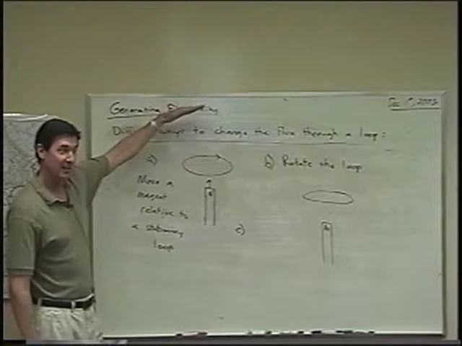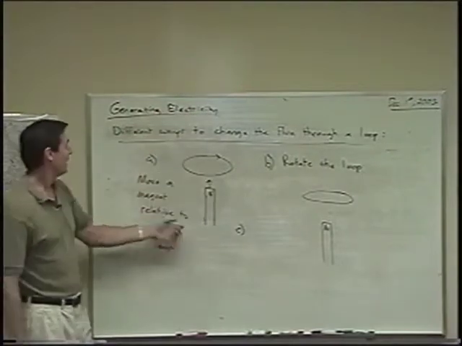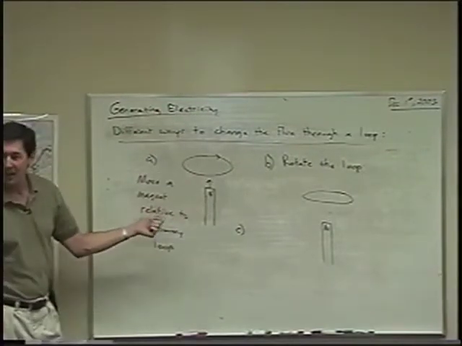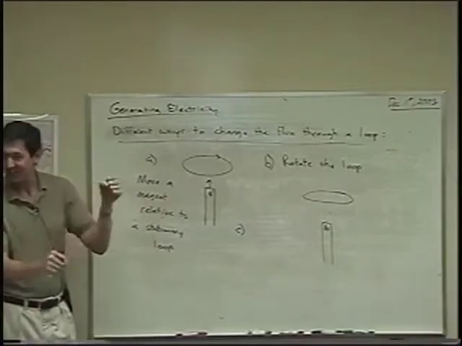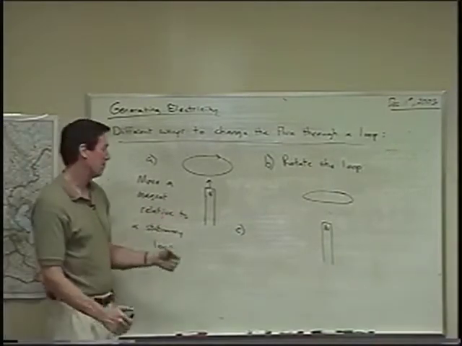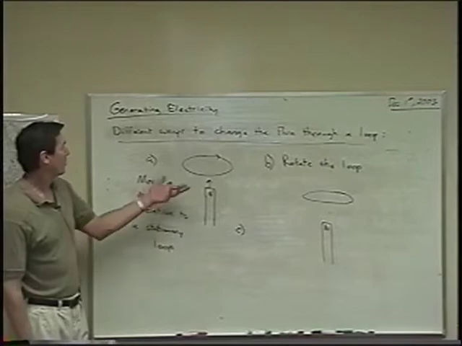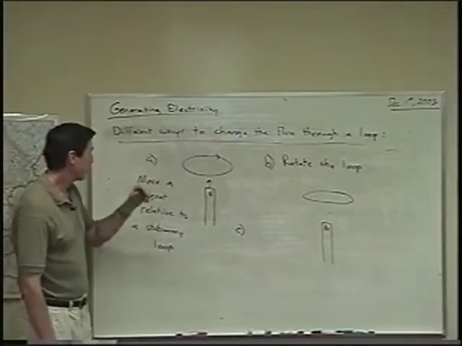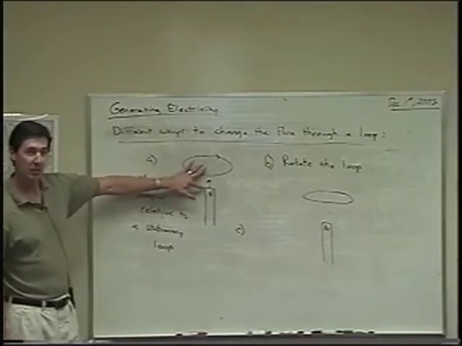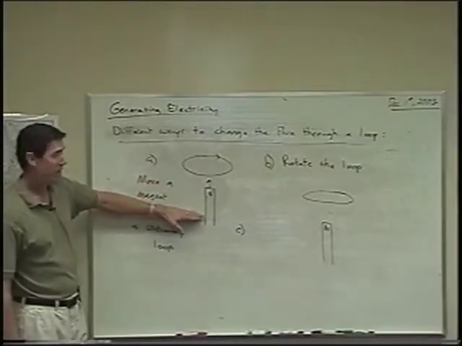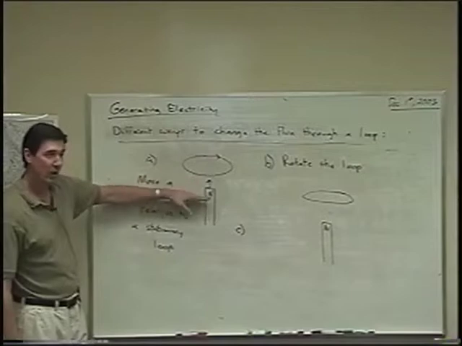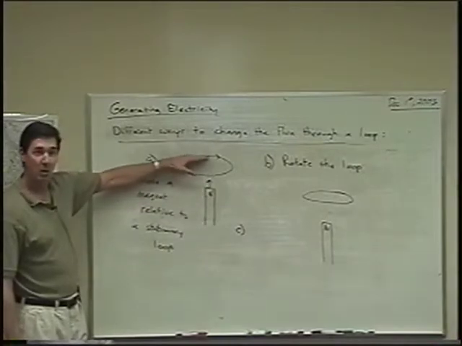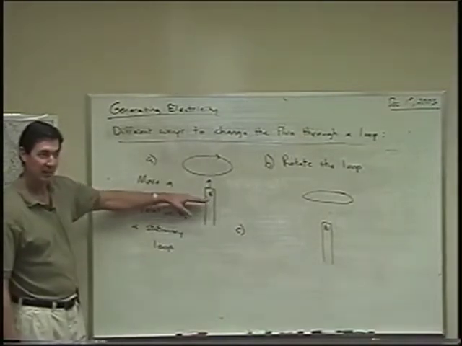Or away from the magnet. But isn't that exactly the same as A? It's really the same as A, because what matters is the relative motion. You're absolutely right. What Faraday found is exactly what you would expect, that it is just the relative motion that matters. It makes no difference whether you move the magnet up or you move the loop down.